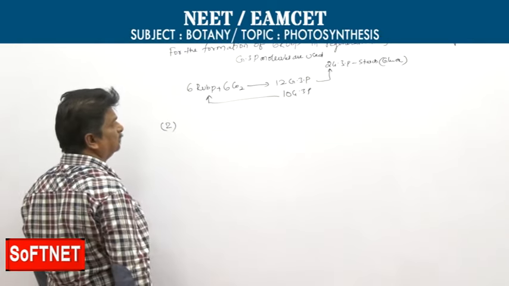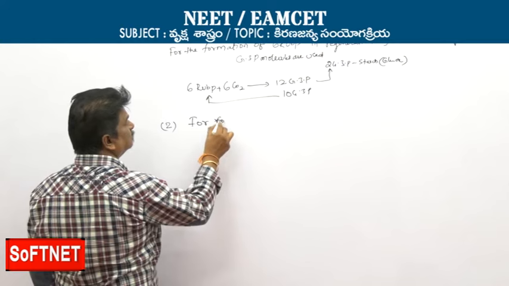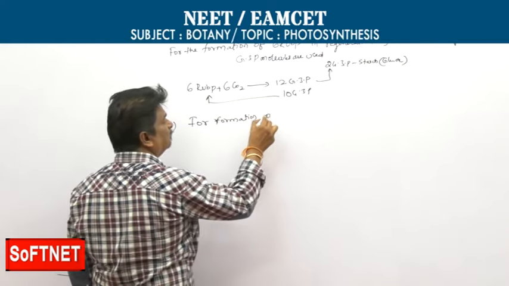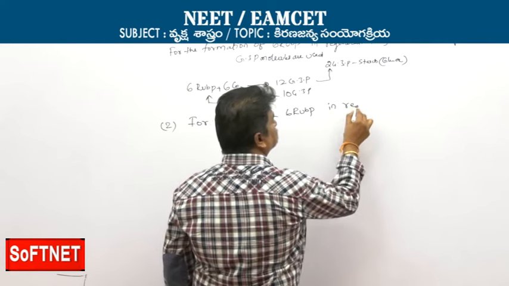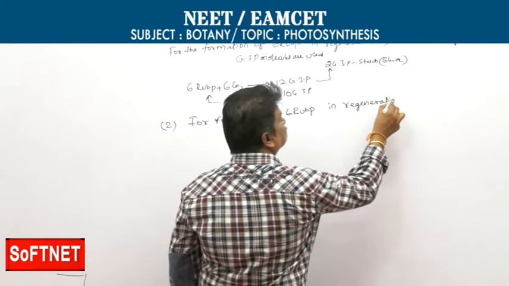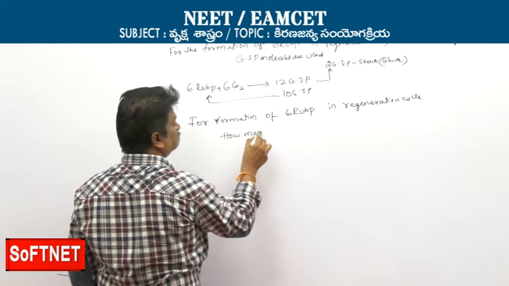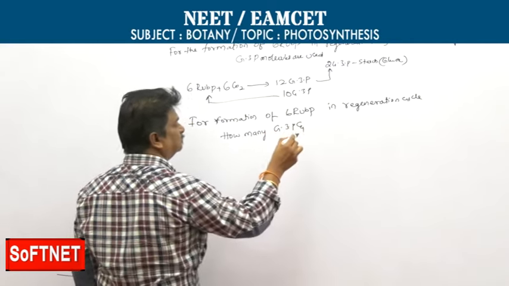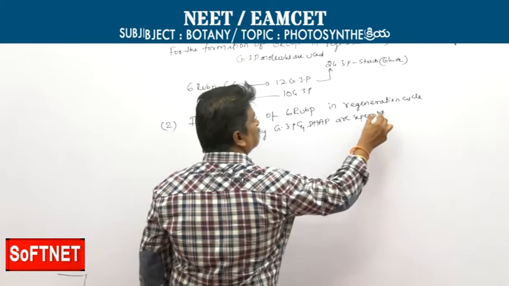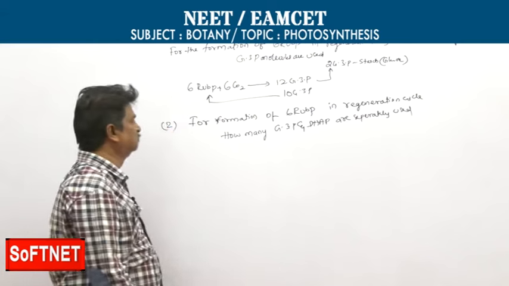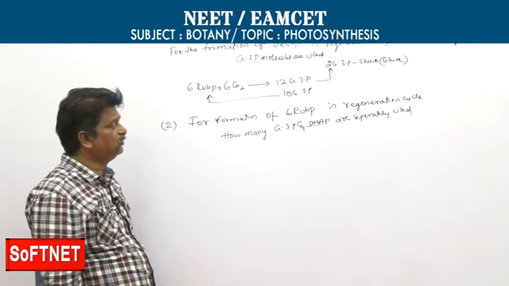Next, for the formation of the 6 RuBP in the regeneration cycle, how many G3P and DHAP are separately used?